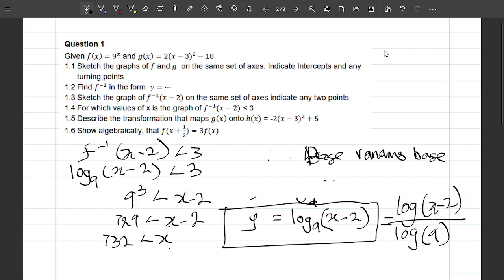Beautiful. Done. Then I know which values of x satisfy that. So describe the transformation that maps g of x into h of x. What they're saying is, how would I transform g into h?